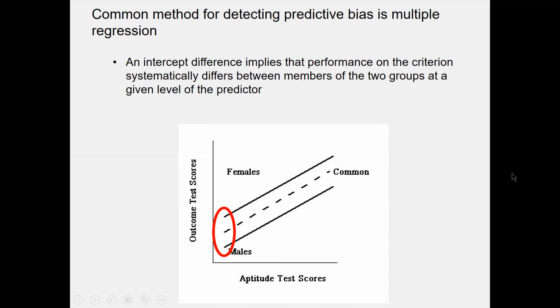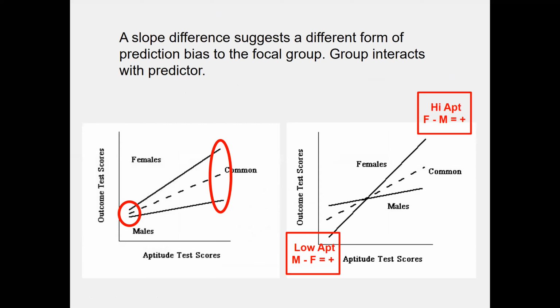So let's look at a different example. These are slope differences. In other words, in this example here on the left, the intercept, the place where both of these would cross the imaginary y-axis, are very similar. They're very close together. So at the low aptitude range, males and females score very much alike.